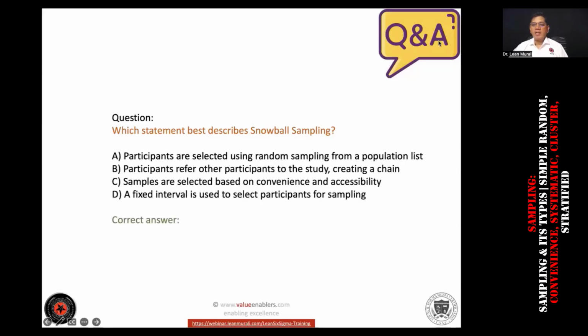What is the correct answer? With the learning from a short time ago, you can easily type it. Yes, B is the right answer. All of you who typed B deserve a lot of chocolates today and also a lot of flowers, and a pat on your shoulders for the right answer.